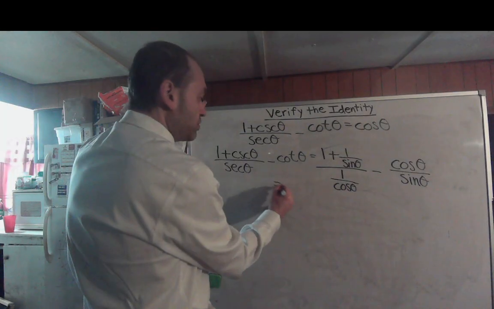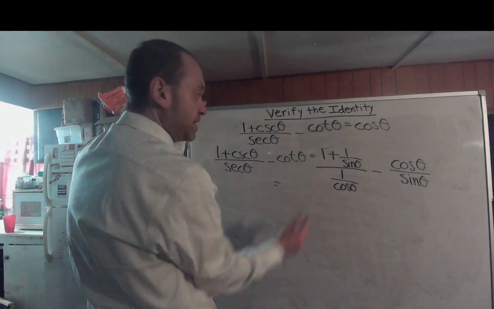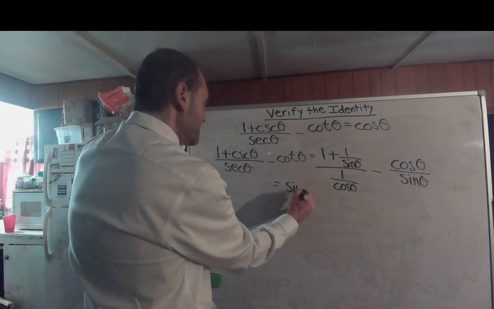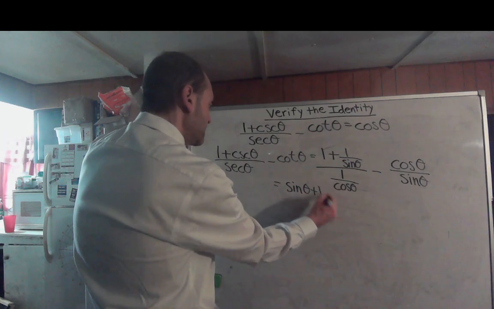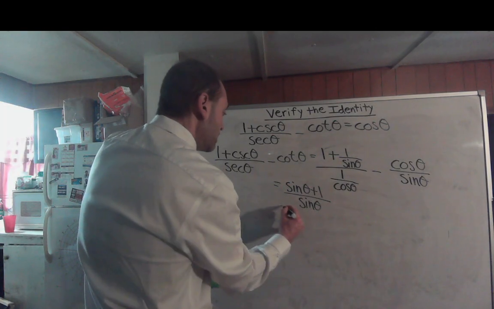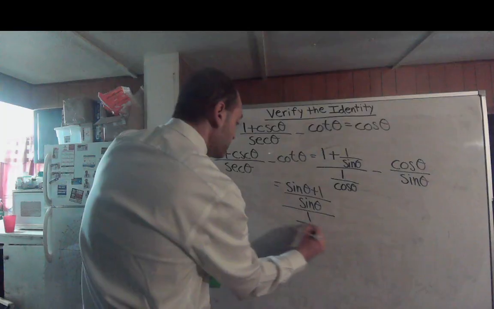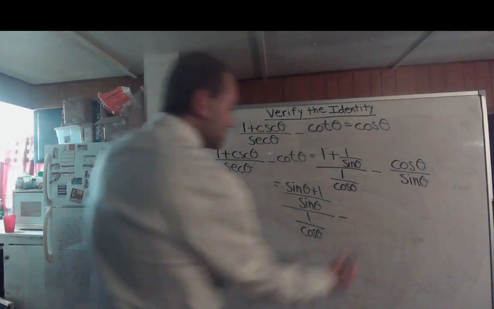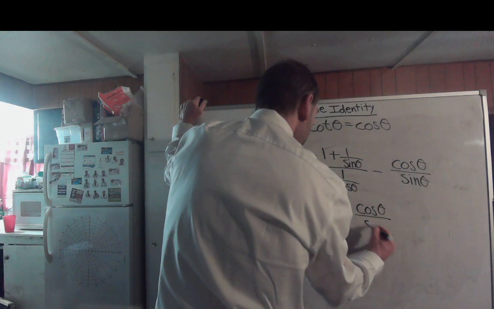Okay, so in the numerator, we definitely want to get a common denominator. That would be the sine of theta. So in the end, you should have the sine of theta plus 1 over the sine of theta all over 1 over the cosine of theta minus the cosine of theta over sine of theta.